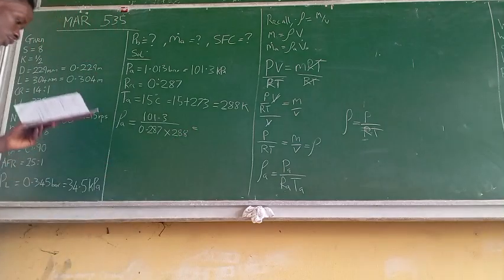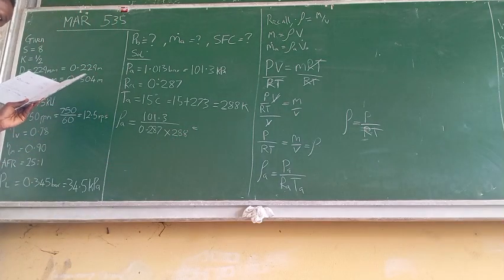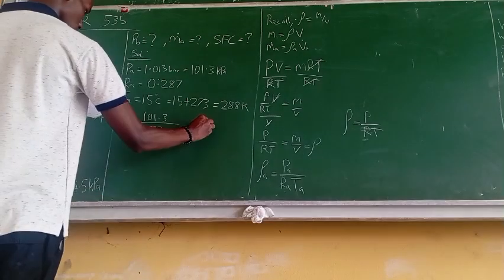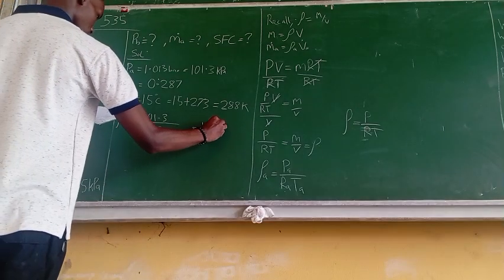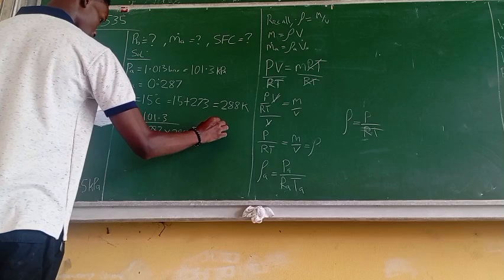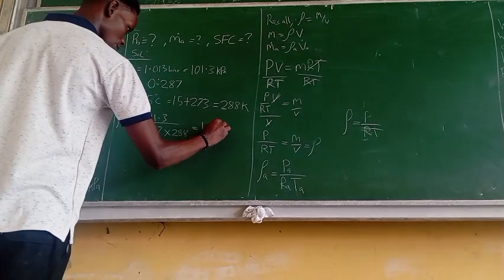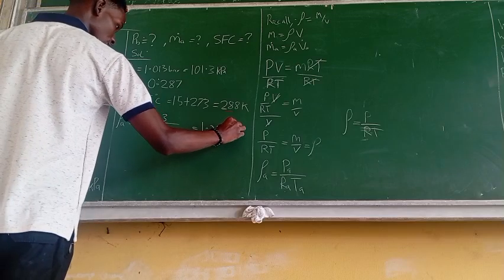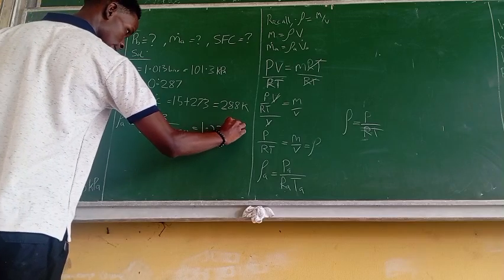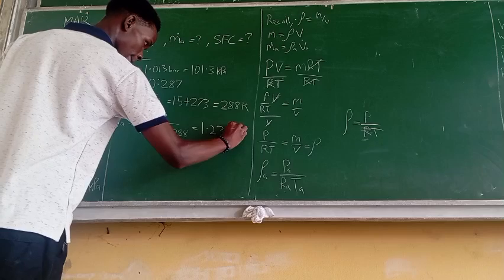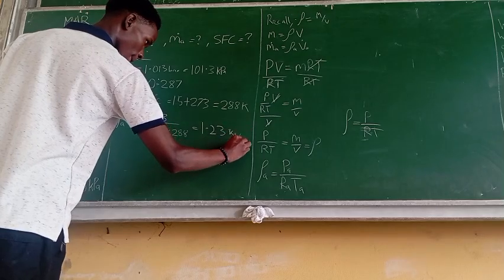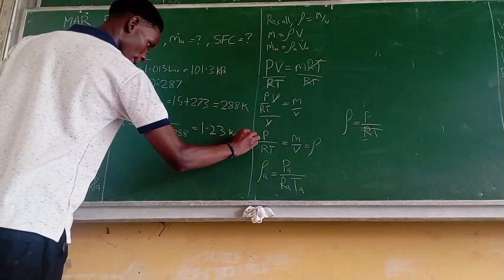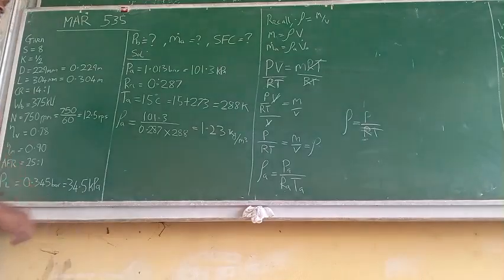The answer will be 1.226, so 1.23. This is your density of air.